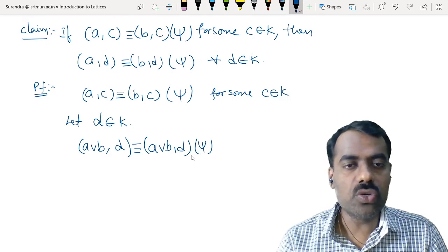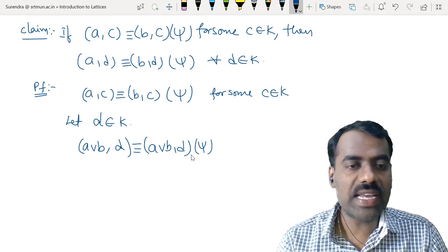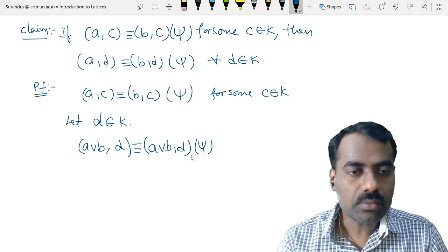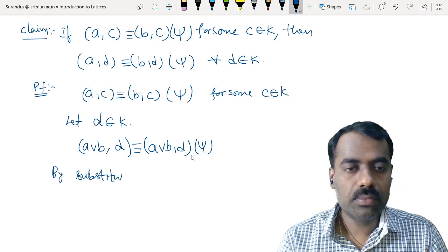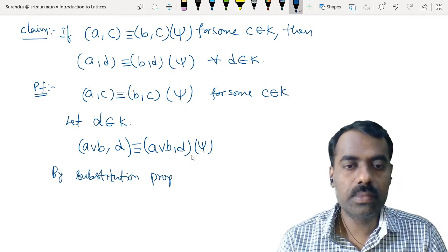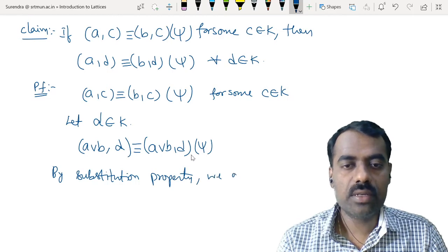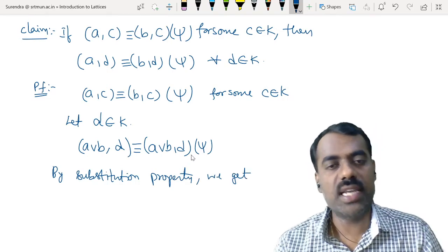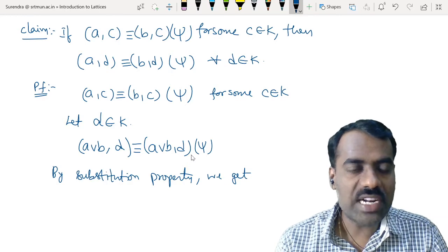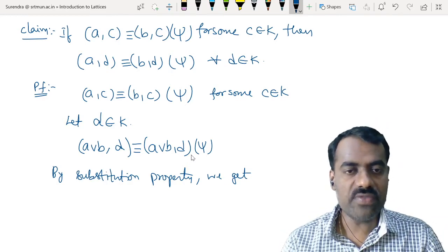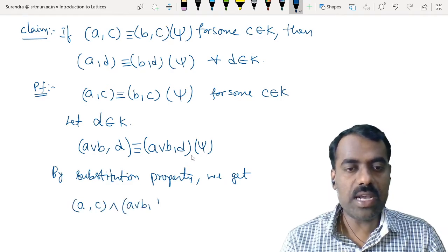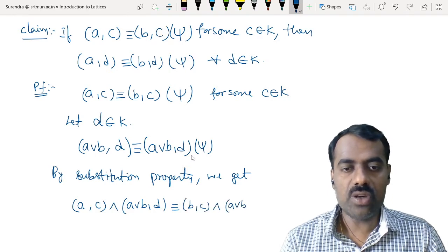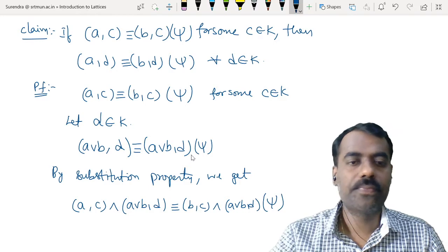Now by considering these two, what will we get by the substitution property? Therefore by the substitution property, because psi is a congruence relation, the substitution property is true. So I will try to meet these two. If I meet these two, what will I get? A comma C meet A join B comma D is congruent to B comma C meet A join B comma D modulo psi, right?